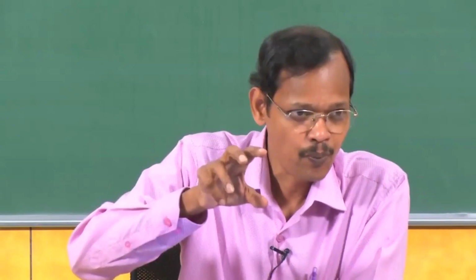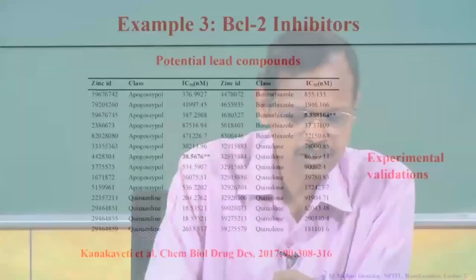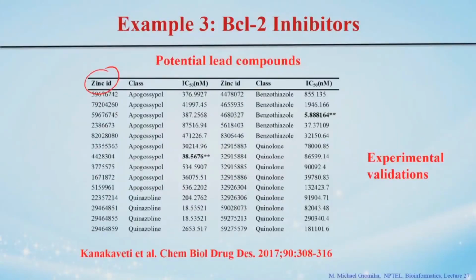The core should be the same, and the moieties, the chemical groups, can be different. Here is a ZINC ID, and for the different families you can predict the IC50 values. In some cases you can see very low IC50 values, and those could be lead compounds. Then you can do something more: take these compounds and play around with the chemical groups.